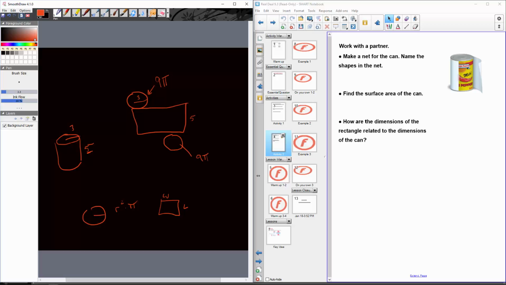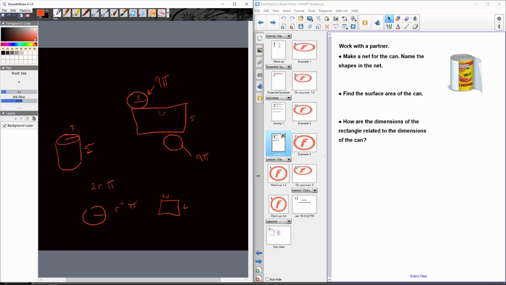Really, what it is is unrolling this can. So again, unrolling it, how do you figure out this distance if I unroll the can? Well, that's just the circumference of the circle. And circumference is, again, 2 times radius times pi. So if we look up here, the radius is 3, and 2 of those would be 6.